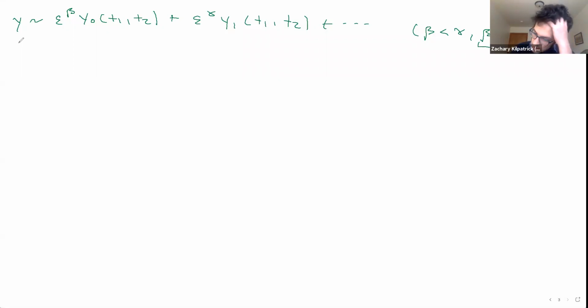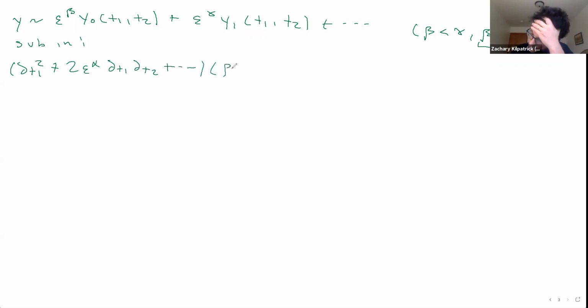Okay, so let's sub it in. If I sub this in, then I'm going to get dt1 squared plus 2 epsilon alpha dt1 dt2 plus so on and so on, epsilon to the beta, y0 plus epsilon to the alpha, y1, plus now epsilon lambda dt1 plus so on and so on.